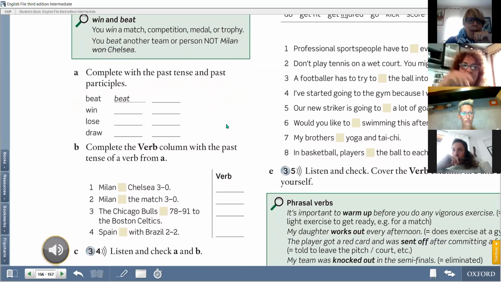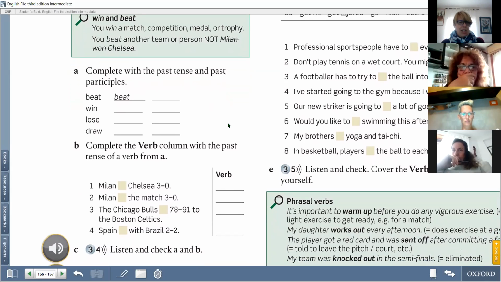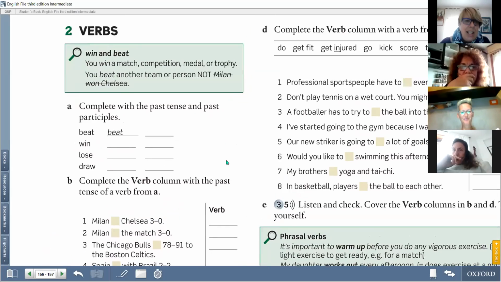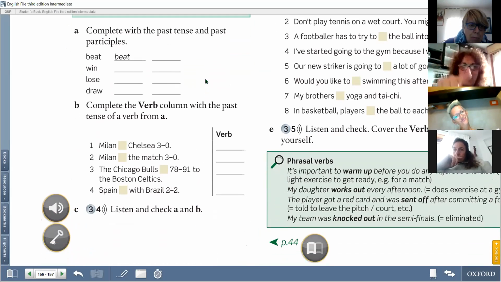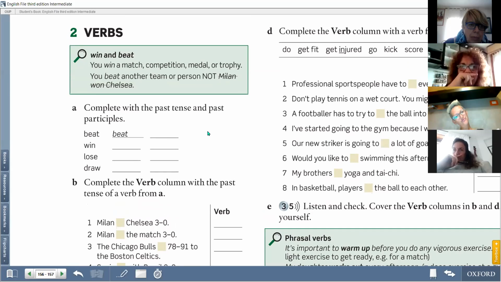Do you know the past tense and the past participle of these two? I don't understand this difference. You win a match, you win a competition, you win a medal. When you are against somebody, you are not winning somebody, you are beating somebody.